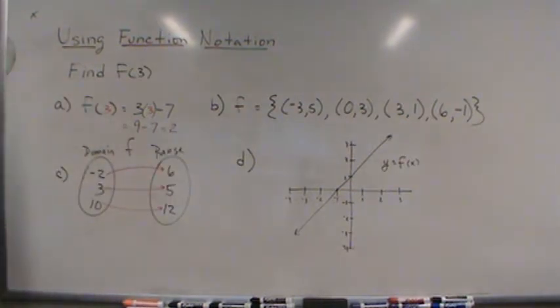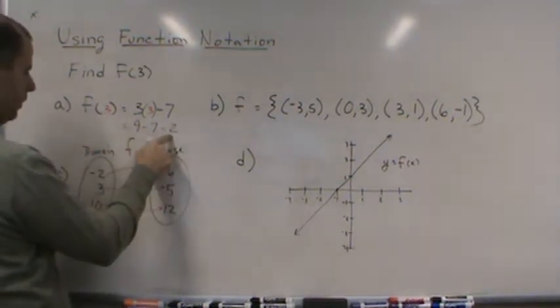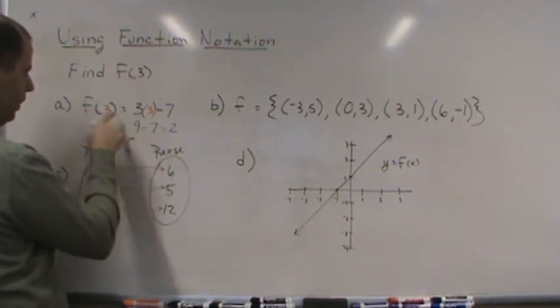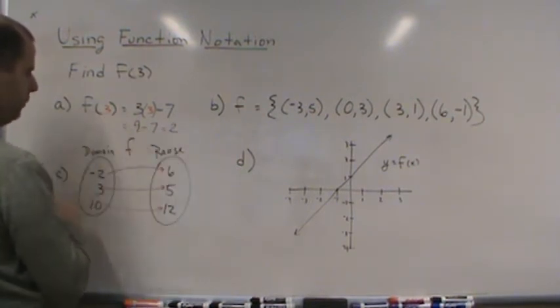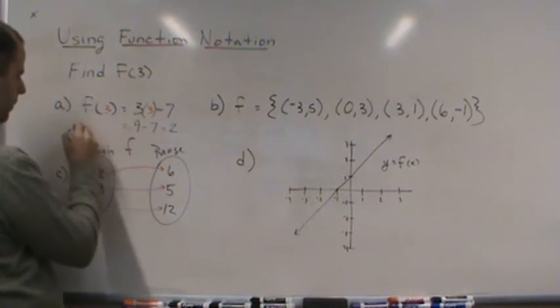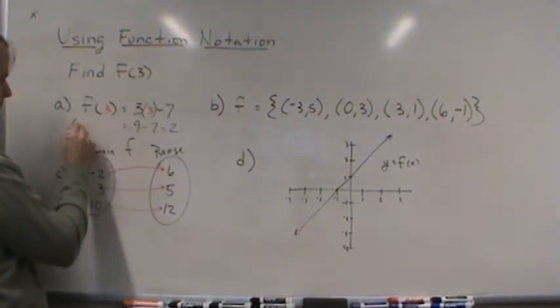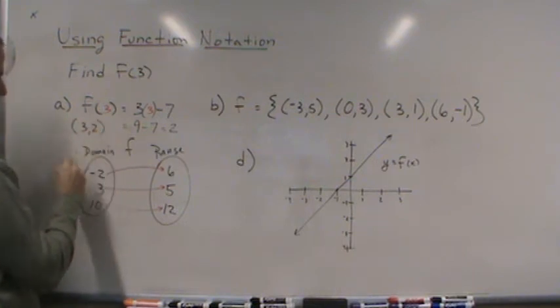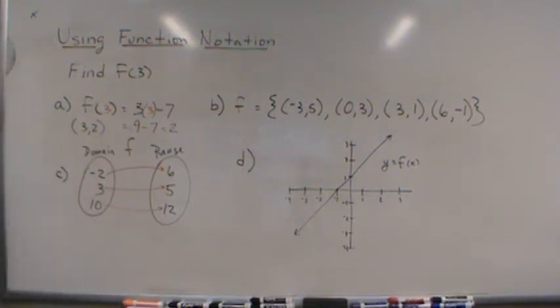Okay, so the value of f of 3 is 2. Or if you're talking about the graph, this corresponds to the point (3, 2) on the graph, okay?